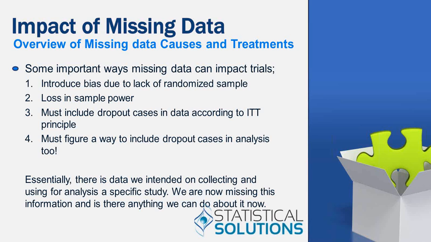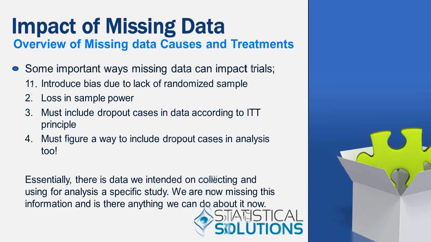Also, we had a specific sample size in mind, and because we don't have these complete cases at the end of the study, we've got a loss in power, because the information we had initially planned on collecting is not there. We must include dropout cases in the data. This is an interesting point.